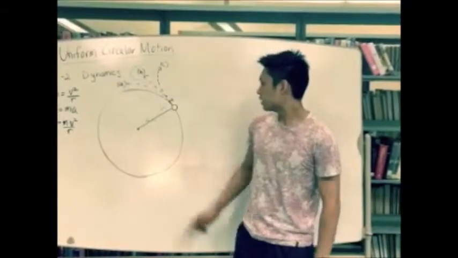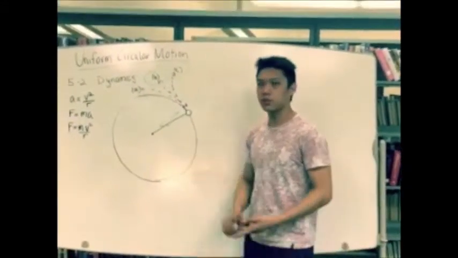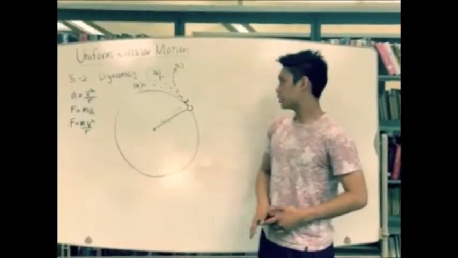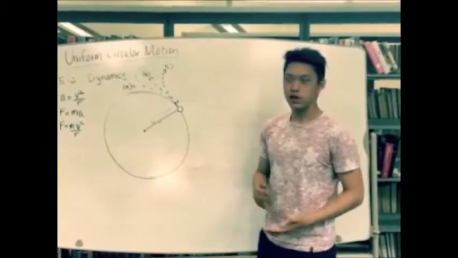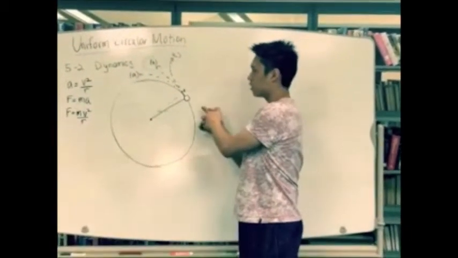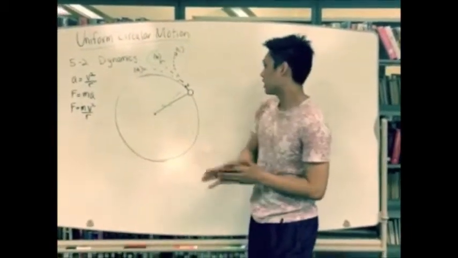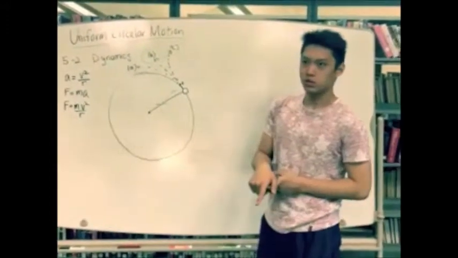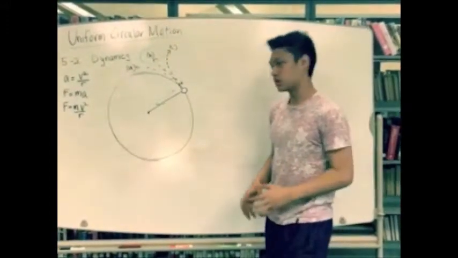As Lucas said, the only force is going inwards, and we know from Newton's second law that an object will continue in its path unless an outside force is directly acting on it. And that's why the ball or whatever object it is will always travel tangent to the circular motion it's moving in if the centripetal force stops.